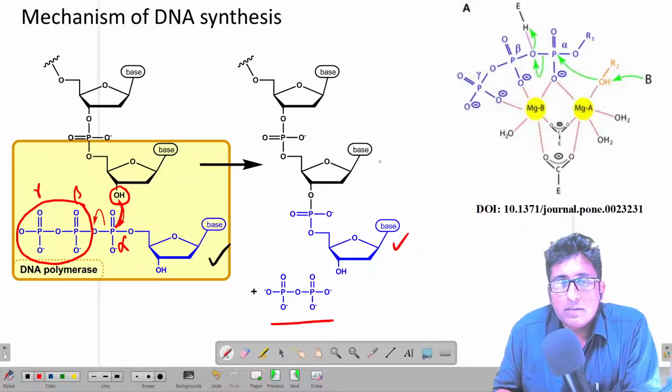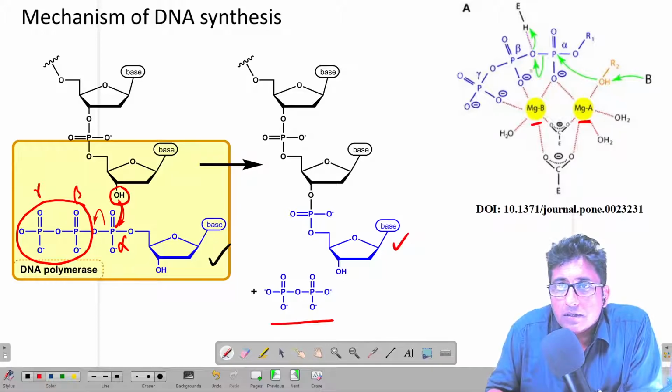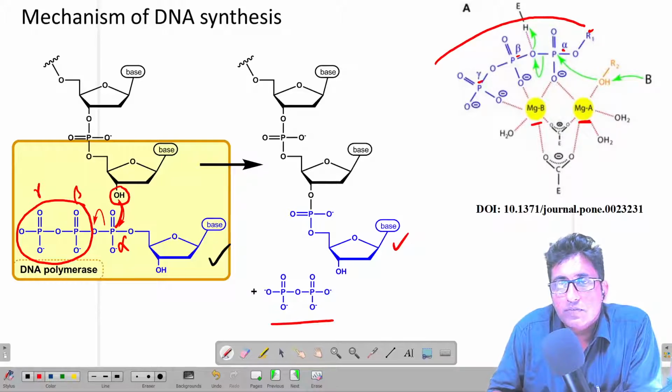For the stabilization of the incoming nucleotide, the nucleotide that should be added, the DNA polymerases have two metal ions, metal ion A and metal ion B. Here is the incoming nucleotide. It is given as this R1, and then we have the alpha, beta and gamma phosphates, and here is the R2, that is the 3 prime OH.